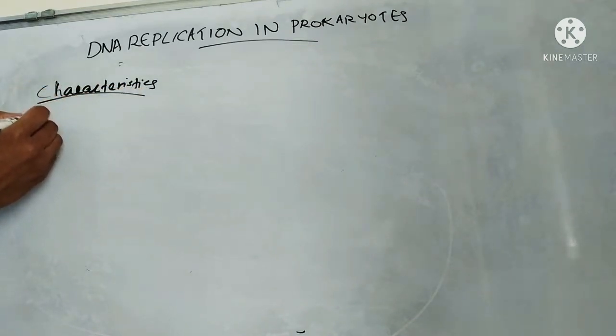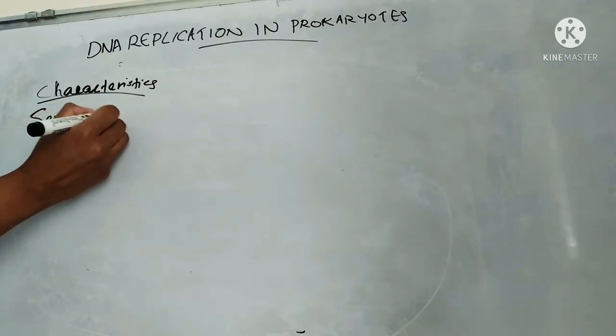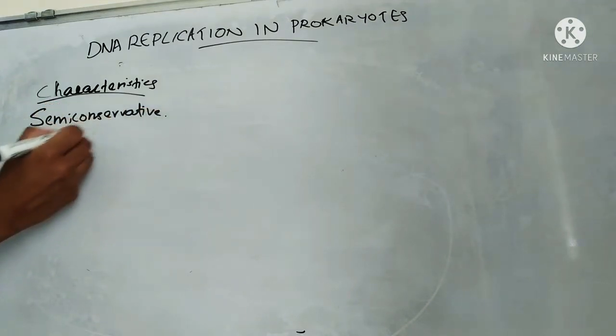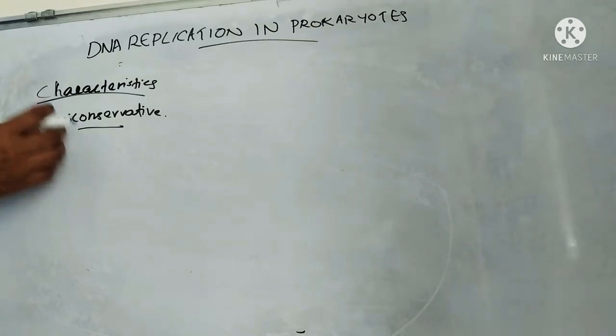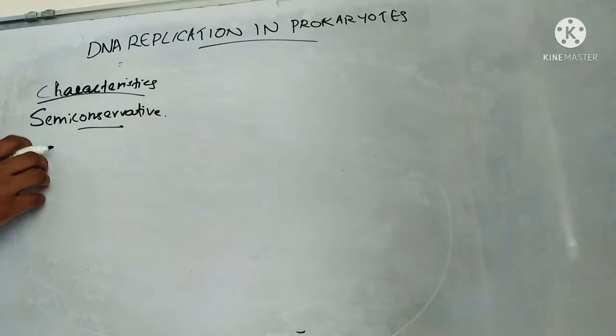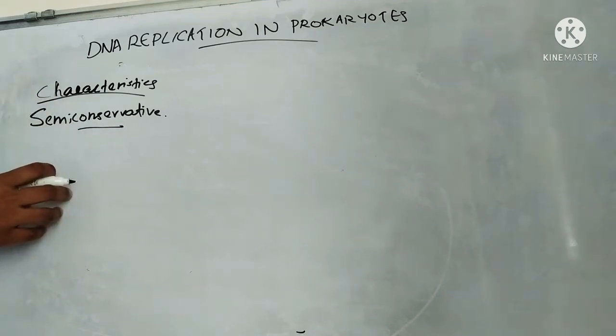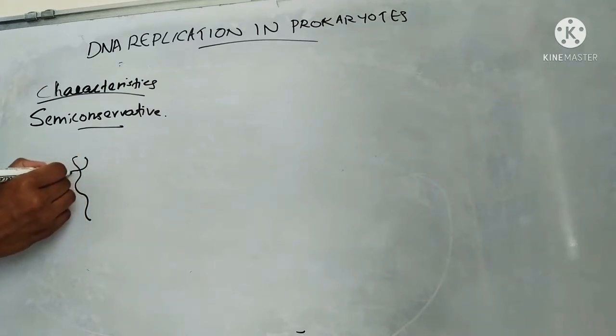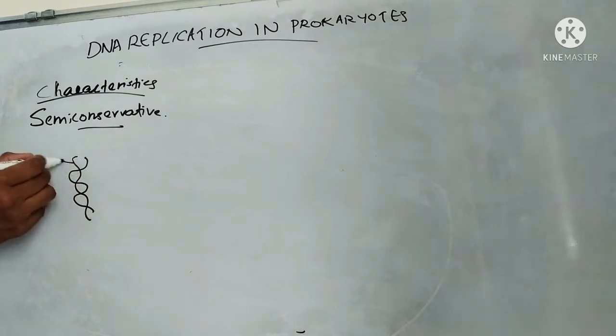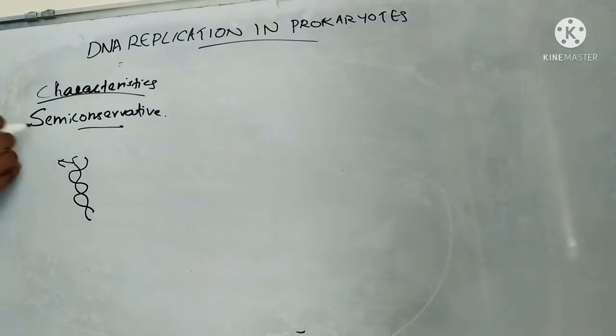The first feature is that replication is semi-conservative. Semi-conservative means that when a new double-stranded DNA molecule is formed, one strand is from the original template molecule and the other strand is newly synthesized.